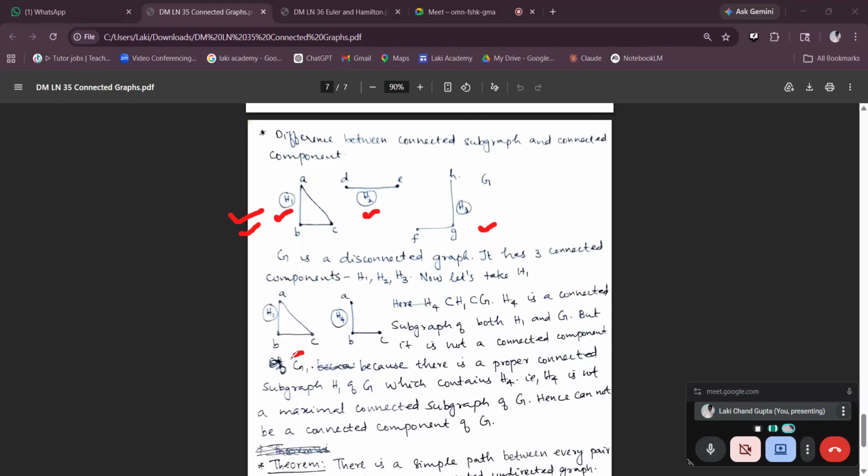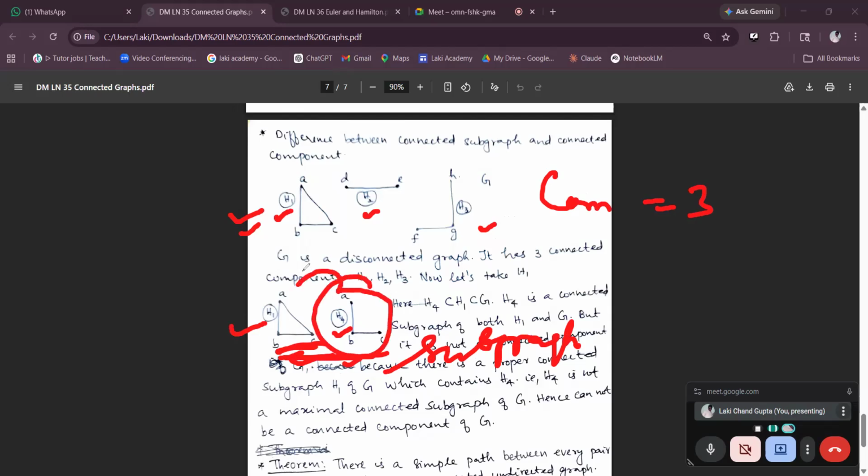But H1 is the original graph and H4 is a subgraph of this. How many components? 3 components. And this is a subgraph, because H4 is induced from H1. Understood?